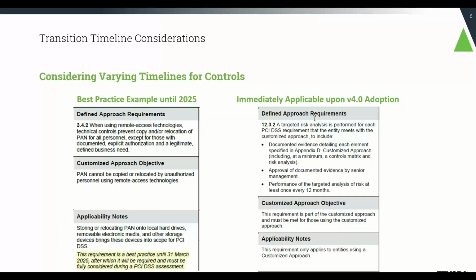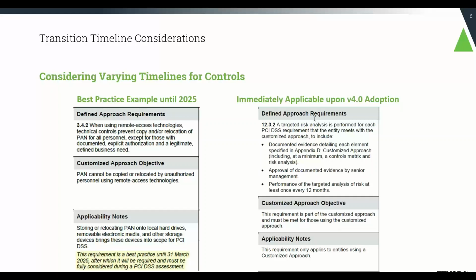If you look at the example on the left, this is an example of a net new requirement in 4.0. And if you point your attention down to the applicability notes in italics, it says this requirement is best practice until 31st of March 2025. This is for the majority of requirements, but there are some varying timelines you have to consider.